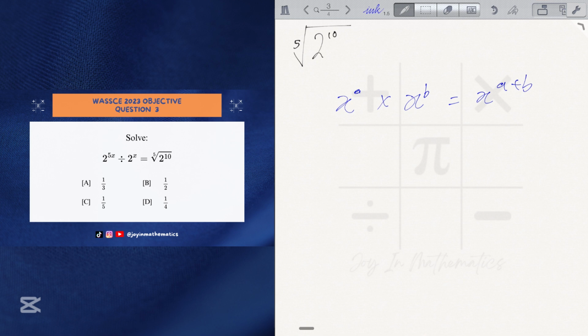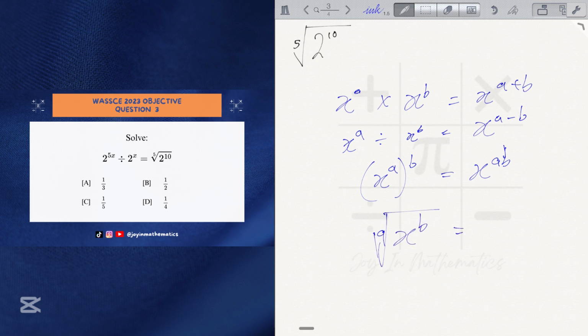When we have the subtraction law, x raised to the power of a divided by x raised to the power of b, we'll have x raised to the power of a minus b. Similarly, when we have the power law, x raised to the power of a raised to the power of b is equals to x raised to the power of ab. And the a-th root of x raised to the power of b can be written simply as x raised to the power of b over a.